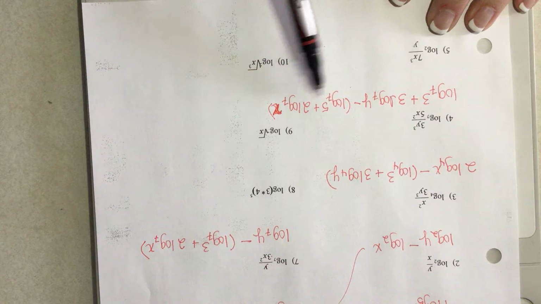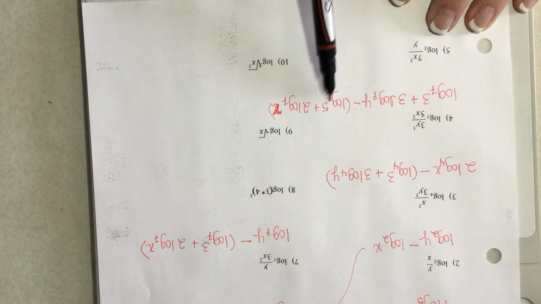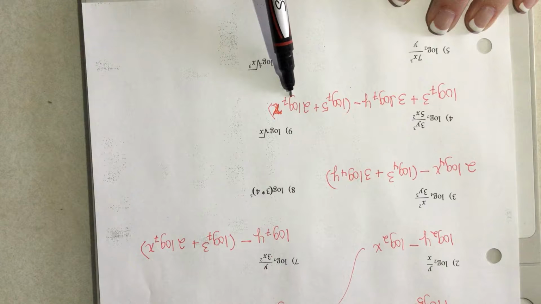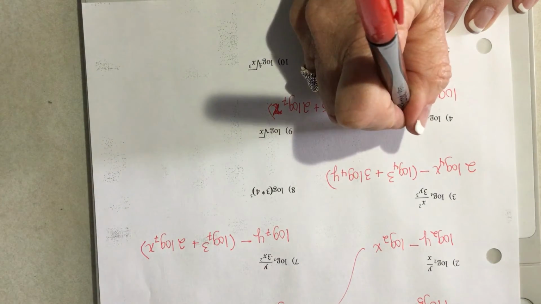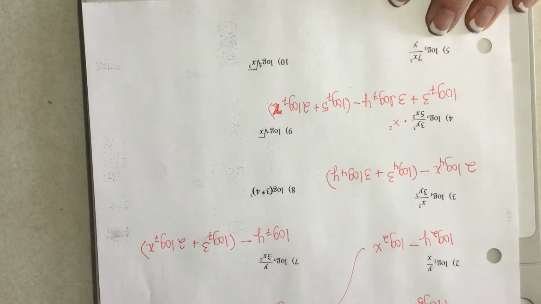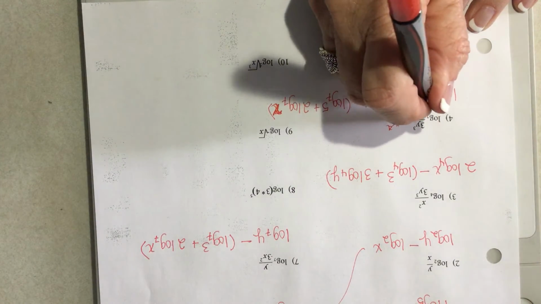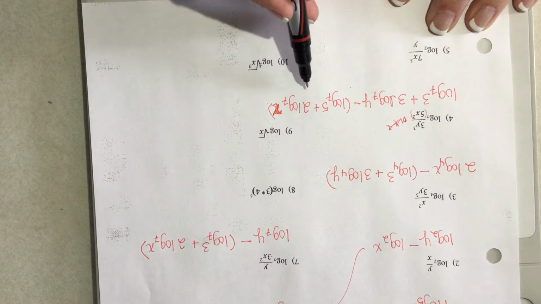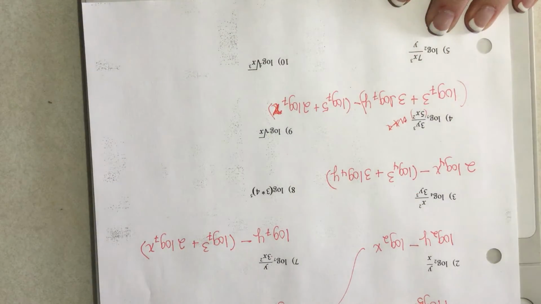If I didn't have parentheses here, it would be like this is being divided by this, and then everything will be multiplied by that. That wouldn't show up in the denominator. This would just show up as times x squared over here. So to keep that in the denominator, I have to put parentheses. But there's no law against you still putting parentheses around the front too. You're still welcome to do so.